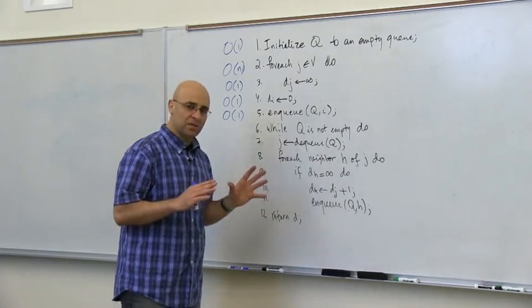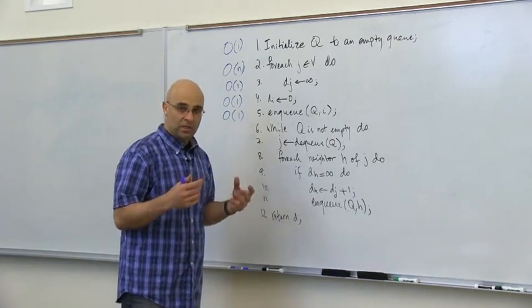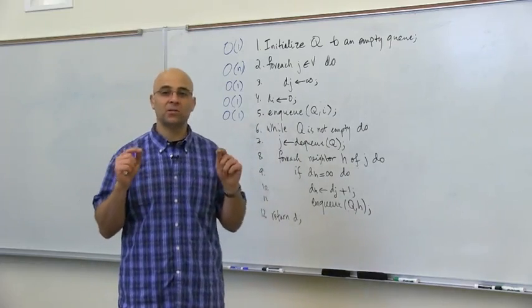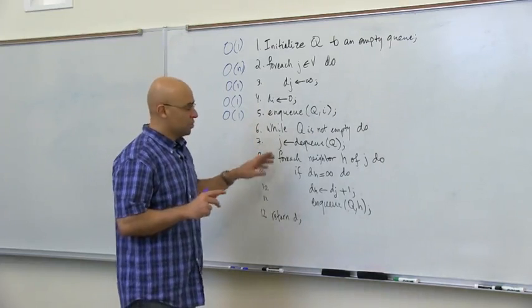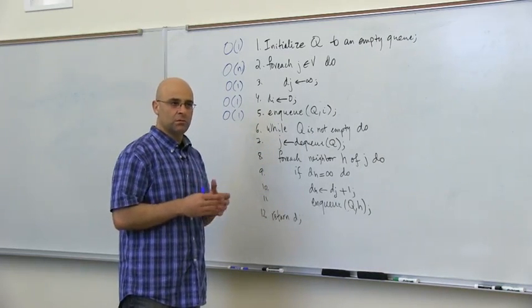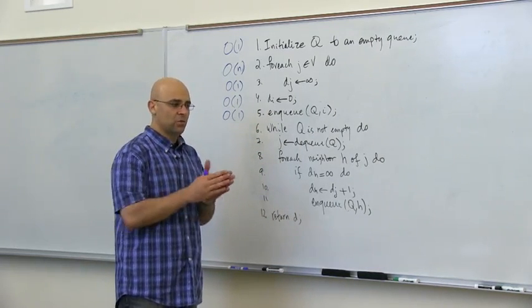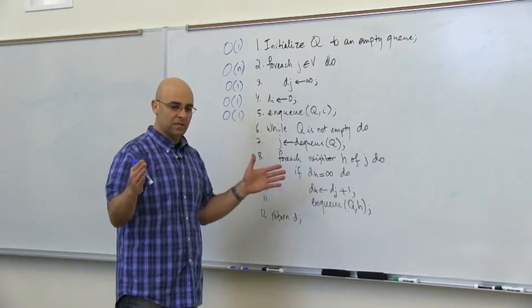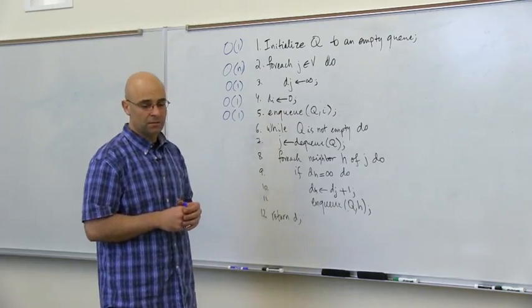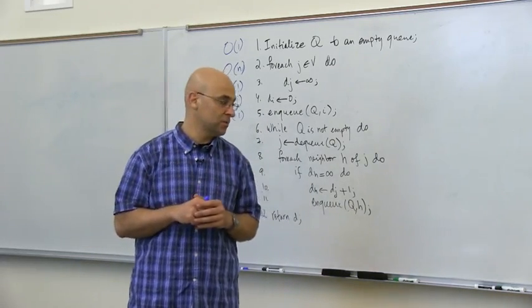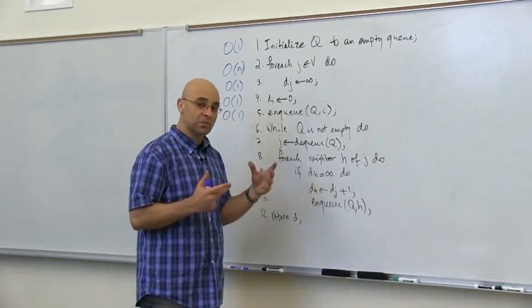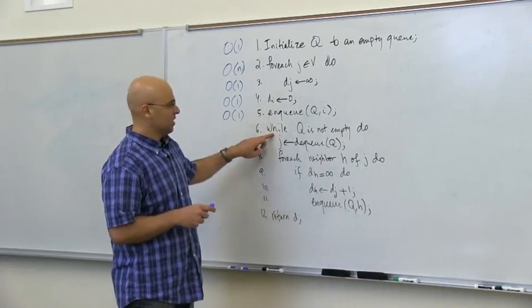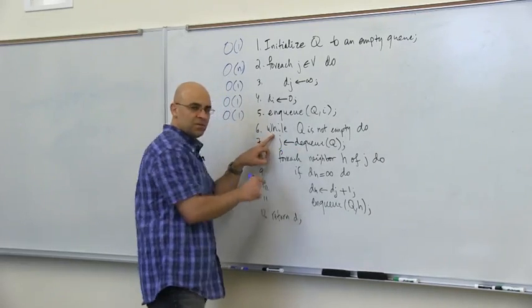But since I'm assuming the graph is connected, eventually, every node is going to be added to the queue, including the original node 0. Okay? So every node is added to the queue, and added once. So we know that the queue is going to have a size of at most n, or exactly n, actually, the number of nodes. Now the question is, in every iteration, what happens to that queue? In every iteration, the first line in that iteration is dq.